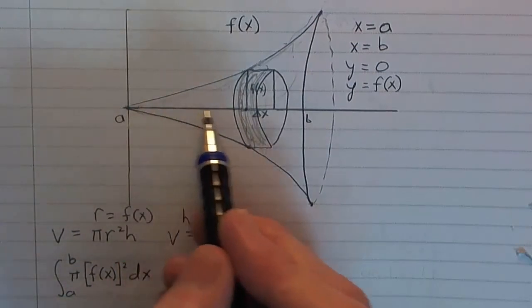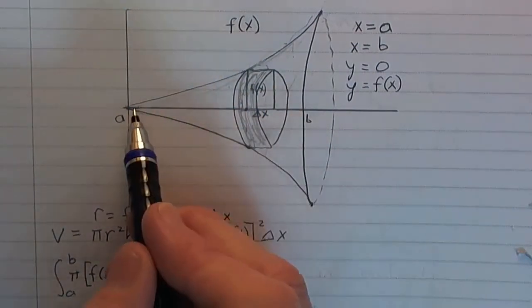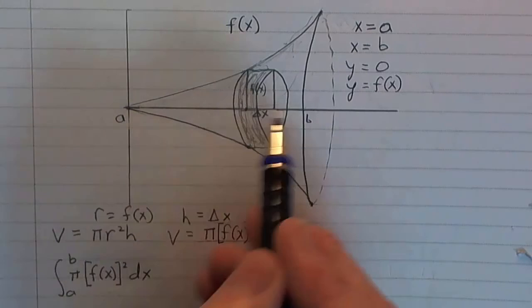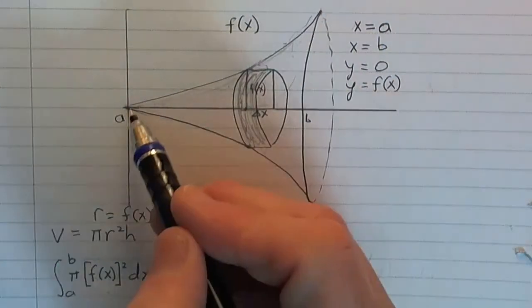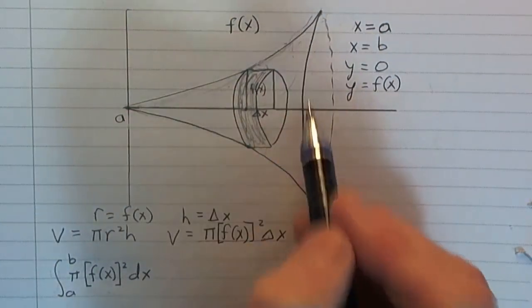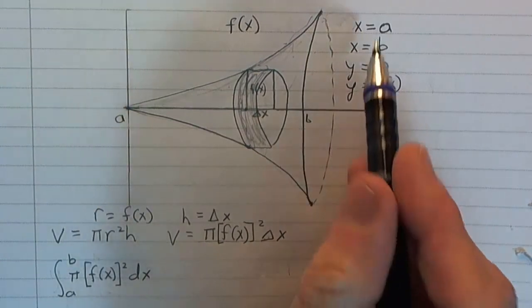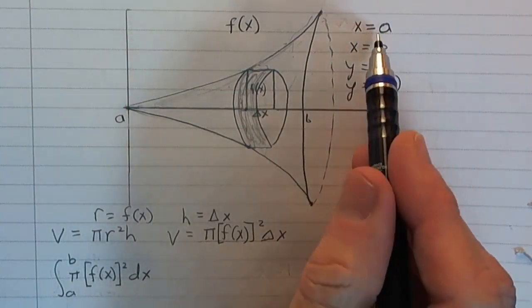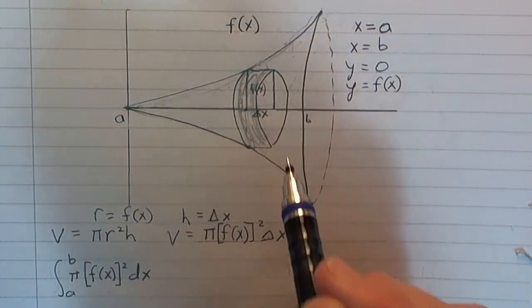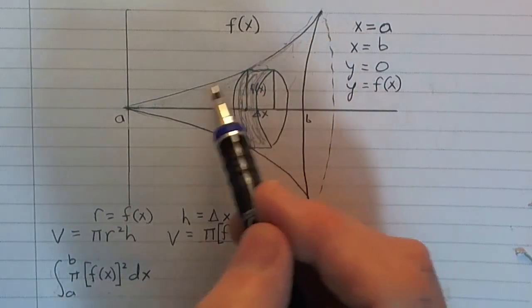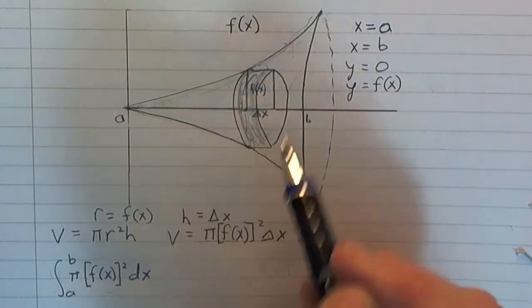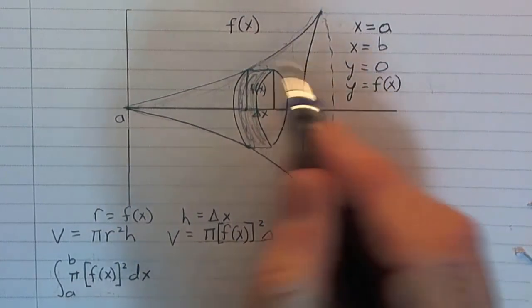It's bounded below by y equals 0. And then it's going to go from a to b. See, x equals a to x equals b. These are just vertical lines, right? So really, you could think of it as, I'm revolving this region about the x-axis. I talked about it in terms of the curve, and then that formed a solid.